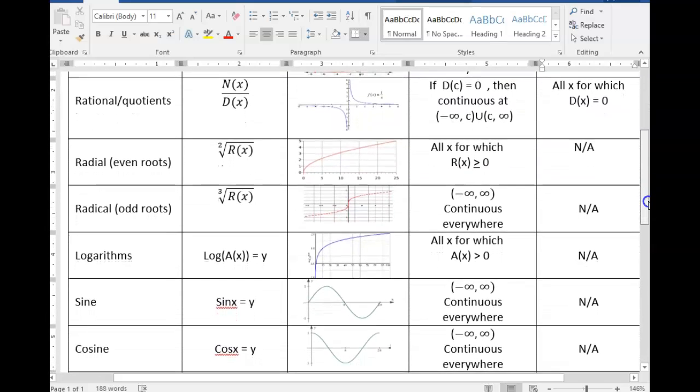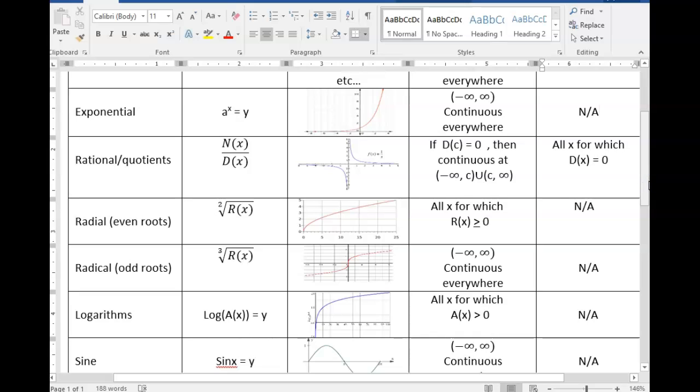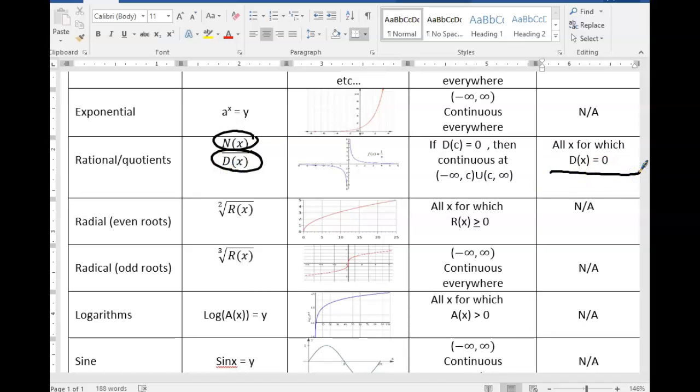Rational functions, also known as any kind of quotient. In other words, anytime you have something over something else, they're not continuous everywhere. Anytime the denominator equals 0, that's a point of discontinuity because it's undefined at that point. Okay?